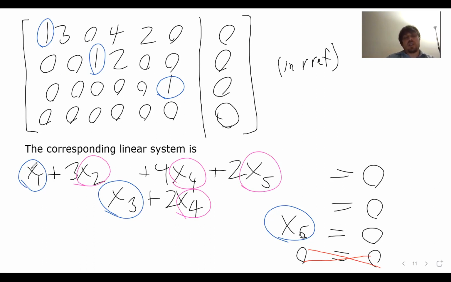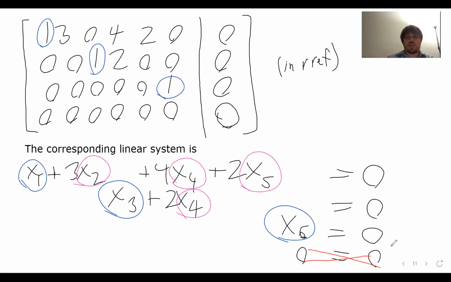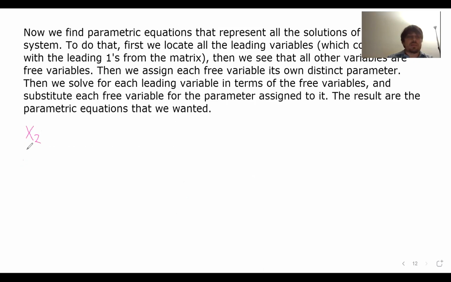We're going to solve for each leading variable in terms of the free variables. The free variables are x2, x4, and x5. Each of them is going to be assigned its own distinct parameter: r, s, and t. Then we express each of the leading variables in terms of the free ones.